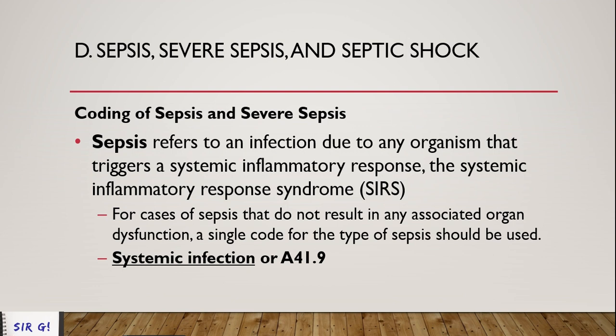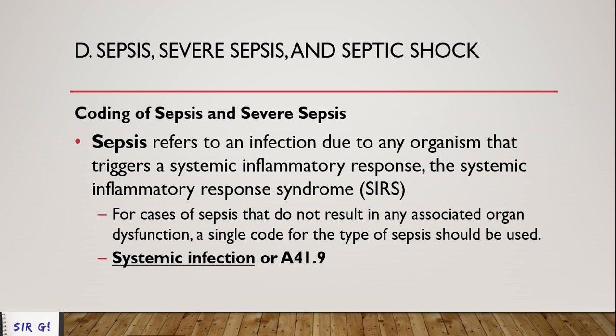But keep in mind that the hierarchy should be sepsis, and then you have your severe sepsis, and then you have your septic shock. Meaning, the worst case scenario is if the patient already has septic shock. And septic shock cannot happen without a sepsis first.